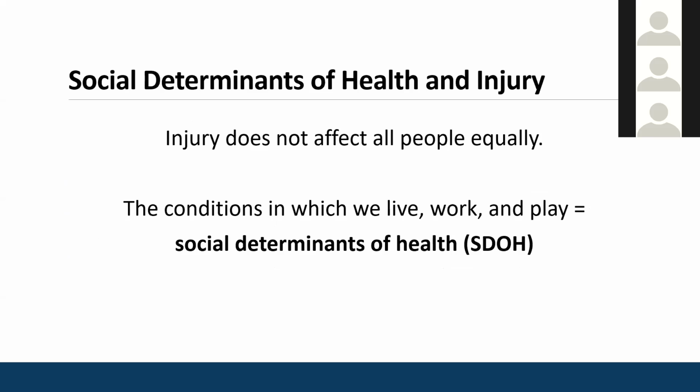So, social determinants of health and injury: it's safe to say that we know injury does not affect all people equally, and the conditions in which we work, live, and play are the social determinants of health as a whole. Why is this important? Well, the burden of injury is not shared equally among the population, as I mentioned.